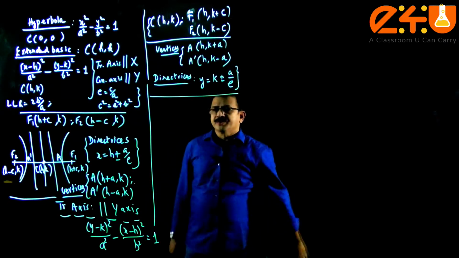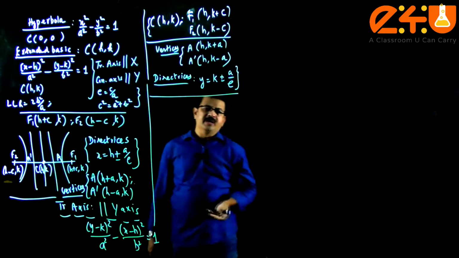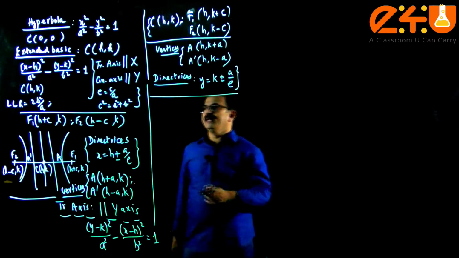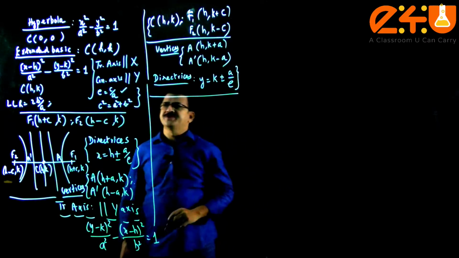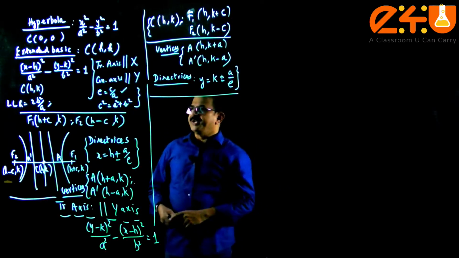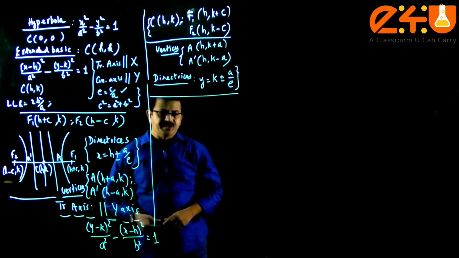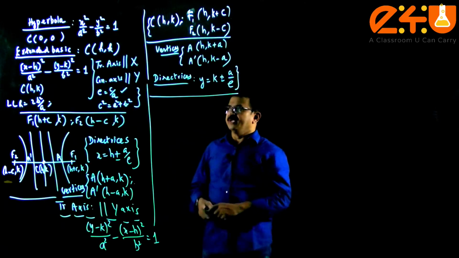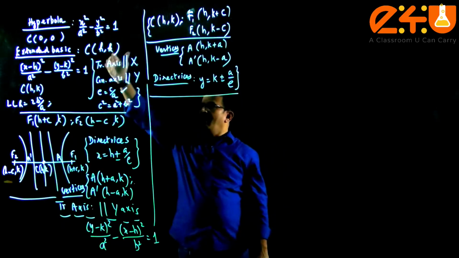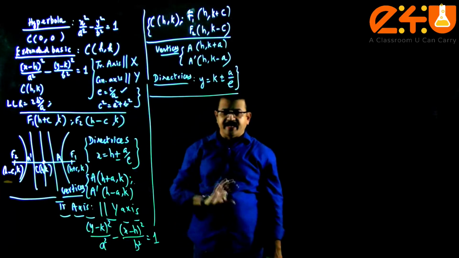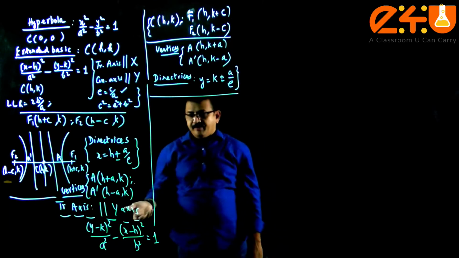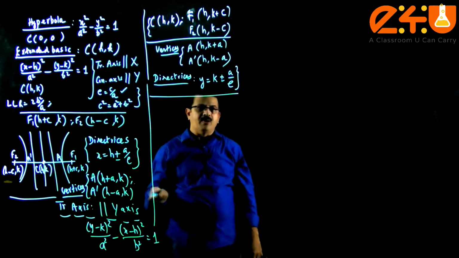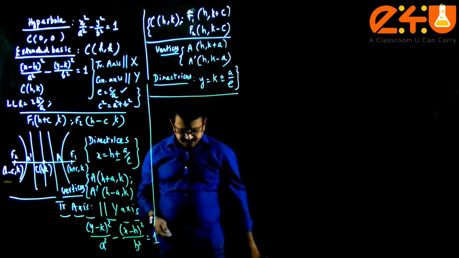Done. So the length of latus rectum 2b squared by a remains constant, c by a is eccentricity and remains fixed, and c squared is a squared plus b squared. These expressions remain unchanged whether it is the standard basic or the extended basic, irrespective of whether the transverse axis is parallel to x-axis or y-axis.